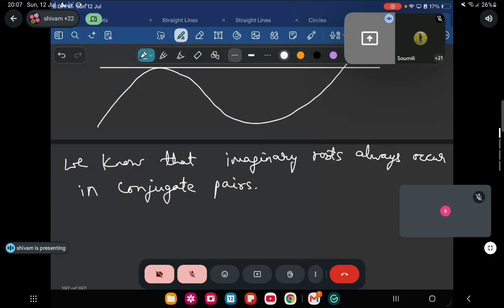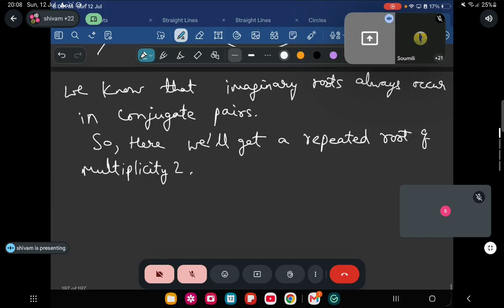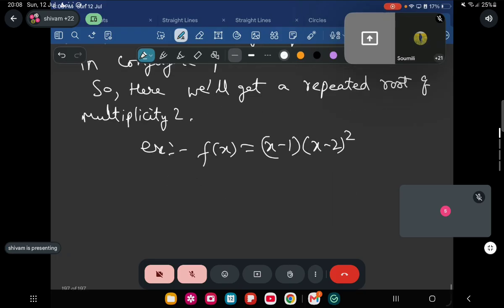So here we'll get a repeated root, one repeated root of multiplicity 2. For example, what will the cubic be? x minus 1 into x minus 2 whole square. Tell me, are people getting it?